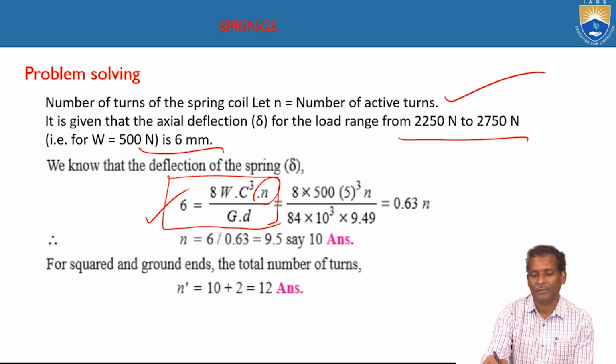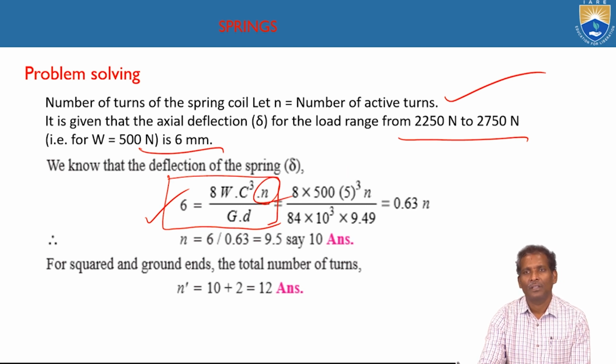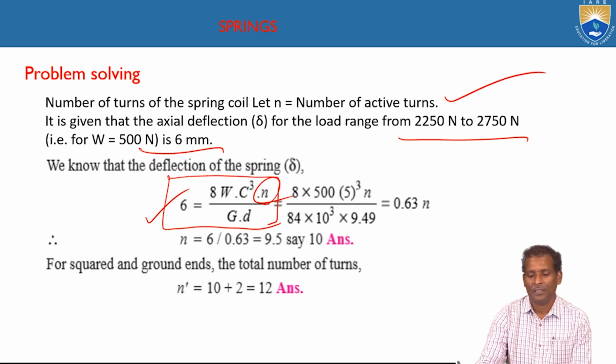Need to calculate N. We don't know N. So substitute all given values in this relation. You will get N is equal to 9.5. You can say 10.